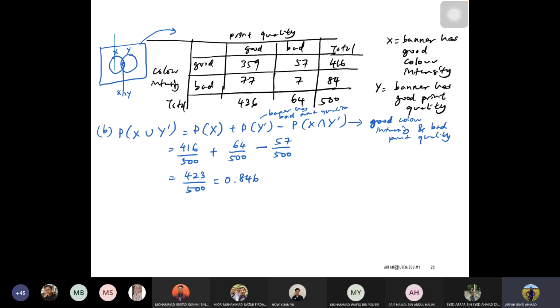So those who have finished, try C. Probability of X given Y. Okay.